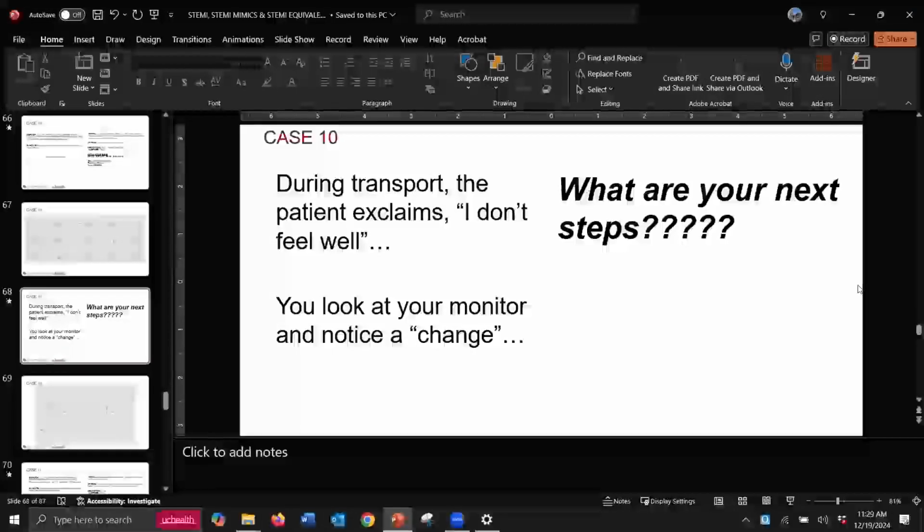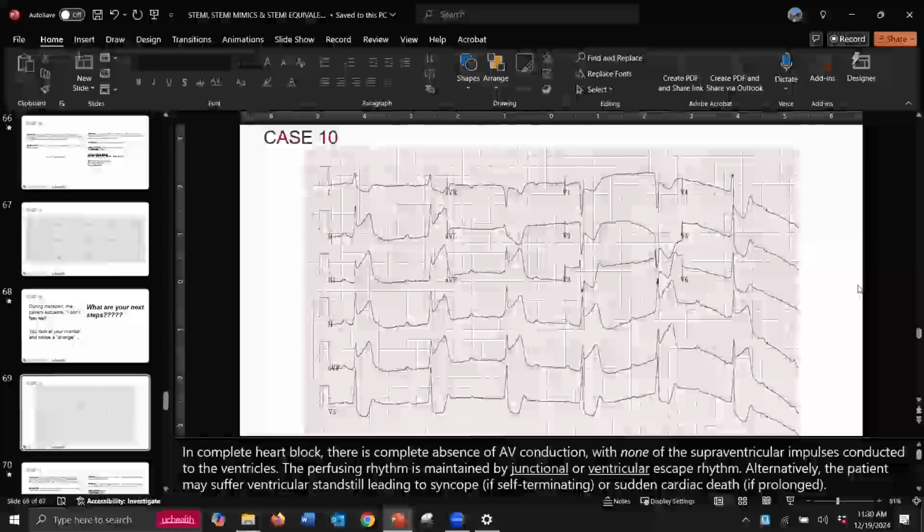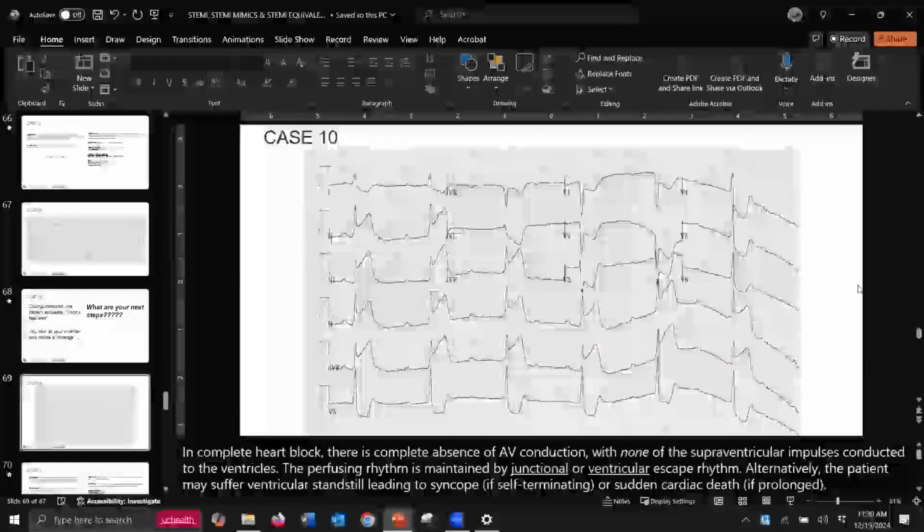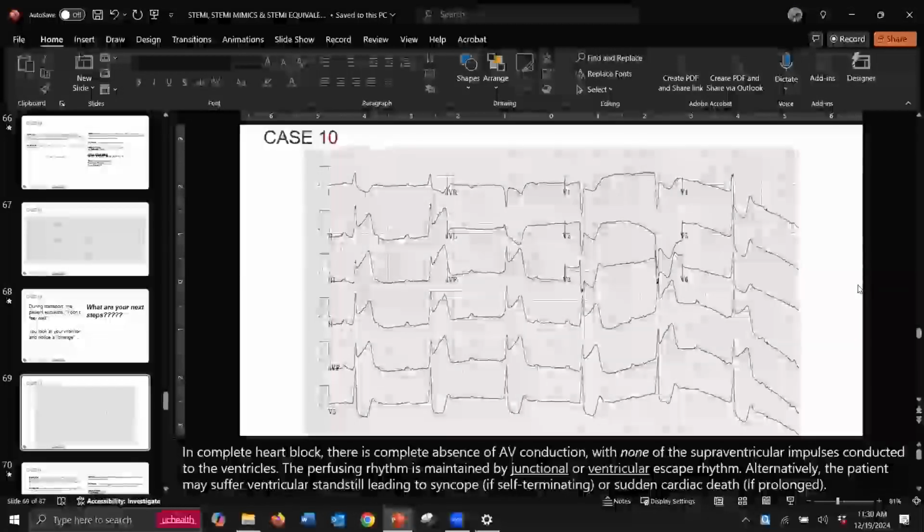During transport, the patient exclaims, I don't feel well. You look at your monitor and notice a change. What are your next steps? Drive faster. You should have had pads on before. You already said MI, right? MI, pads on.